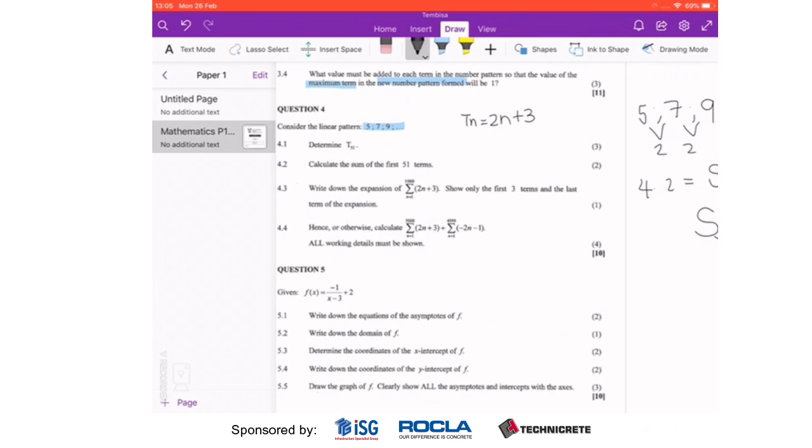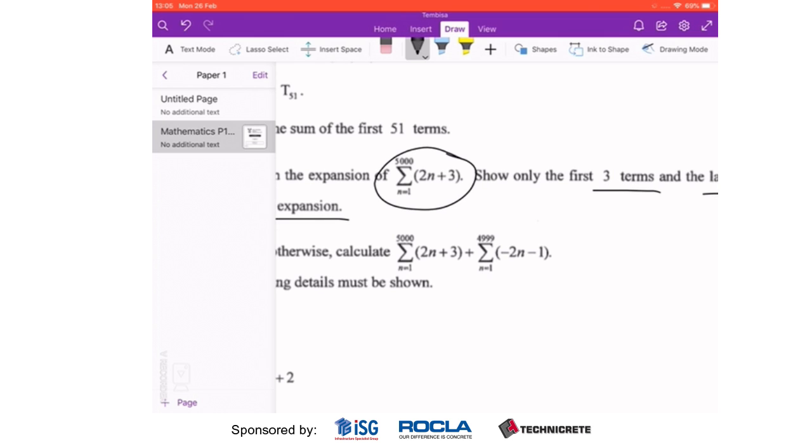Let's look at the next question. The next question says write down the expansion for this, show only the first 3 terms and the last term. So here it's just 1 mark. They're wanting to test your knowledge of understanding how to read this.